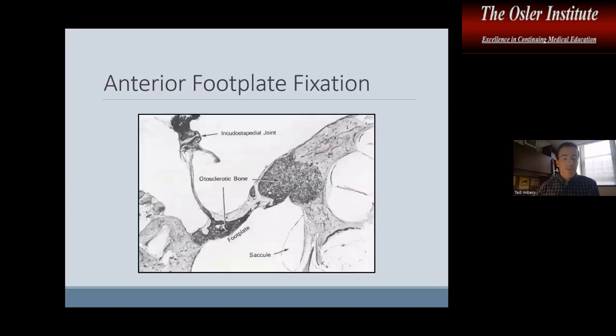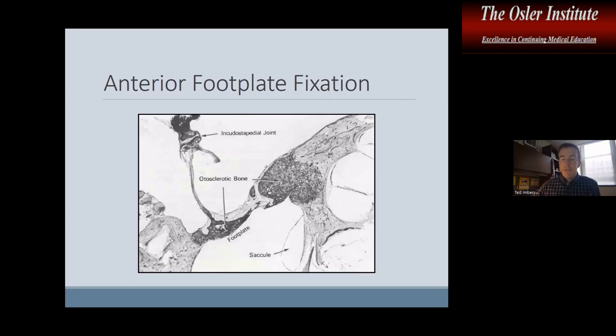And here's the classic photo, through the stapes superstructure and the footplate. You can see the anterior otosclerotic bone here, and some of the thickening as well along the footplate. Just deep to this, you can see the saccule. This also sometimes comes up, again somewhat controversial: doing stapes surgery in patients who have presumed or possible Meniere's disease.